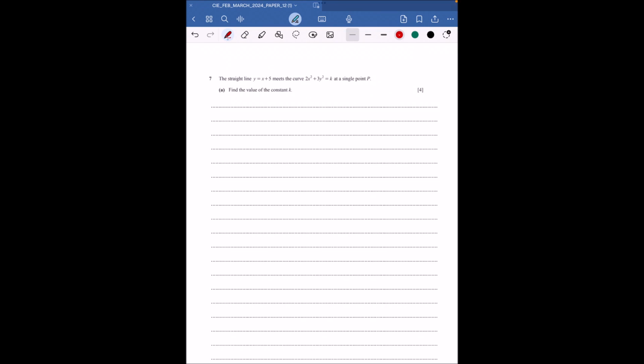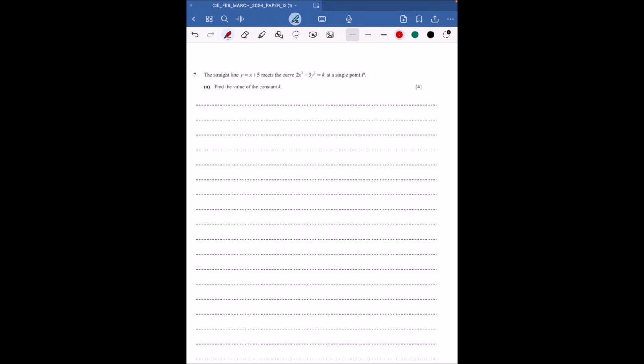Let's look at question 7. So in question 7, the straight line y equals to x plus 5 meets the curve at exactly 1 point. So b squared minus 4ac is equal to 0, 1 point. So we take this, we put it here.